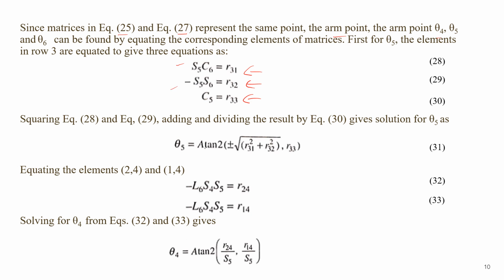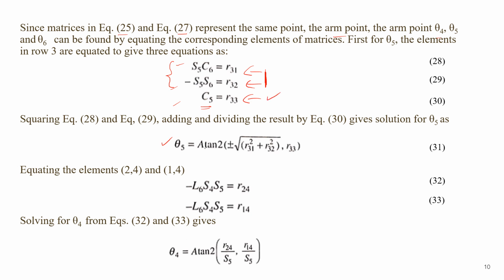In order to get theta 5 and theta 6, we solve this. Squaring and adding equations 28 and 29, and then dividing the result by the cos theta 5 equation, you will get theta 5. This is the equation that you will get for theta 5.